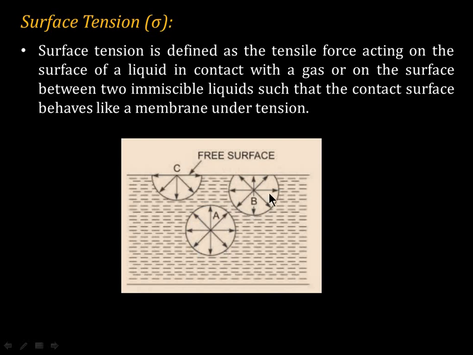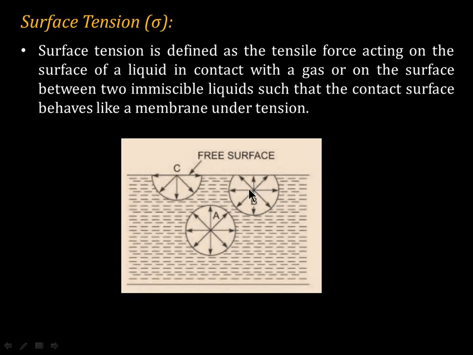But what about molecule B? Molecule B, which is situated near the free surface, is acted upon by upward and downward forces. But these upward and downward forces are imbalanced.